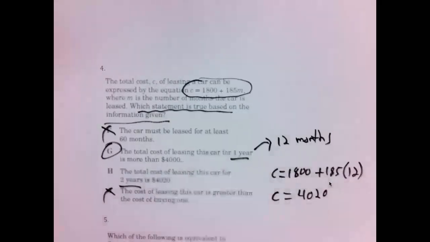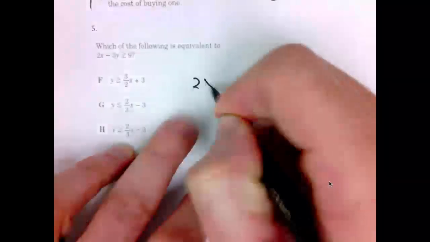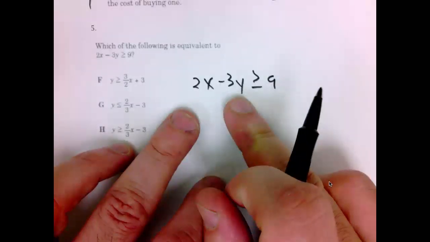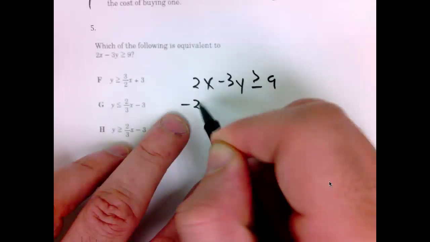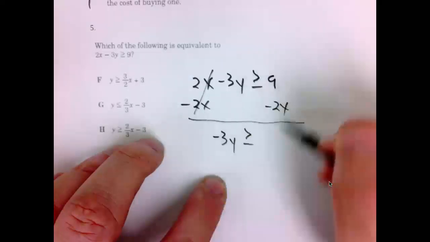Alright, number 5. Which is equivalent to this inequality? We have 2x minus 3y is greater than or equal to 9. We need to solve for y. Solving for y, we will first subtract 2x on both sides. 2x subtracts 2x to leave a negative 3y. These are unlike terms.